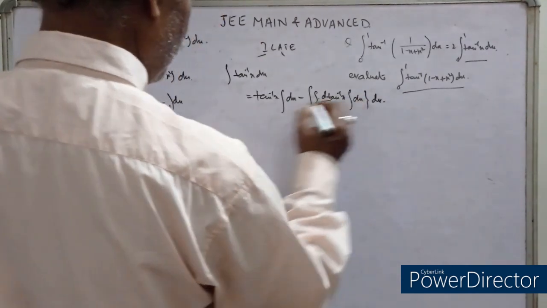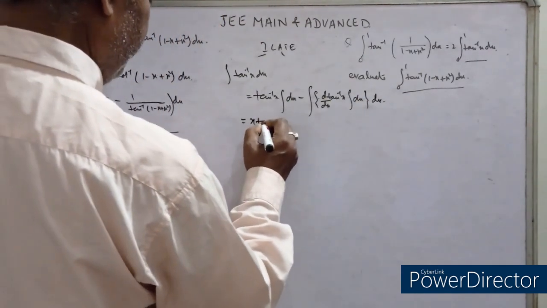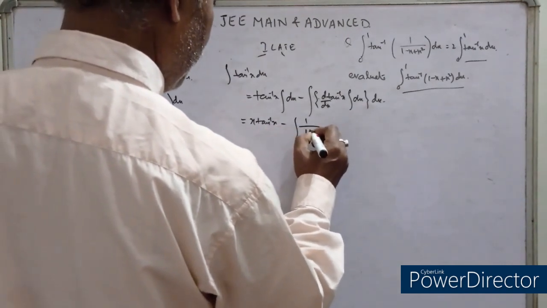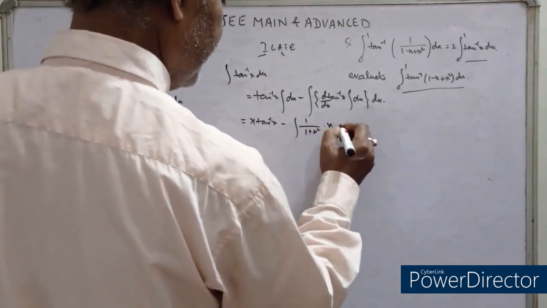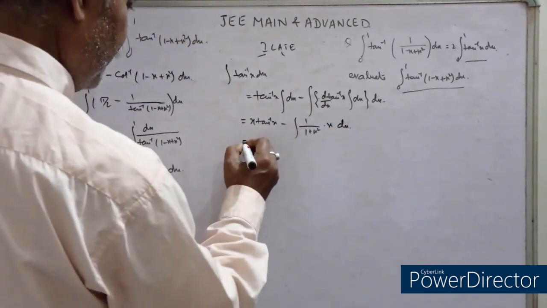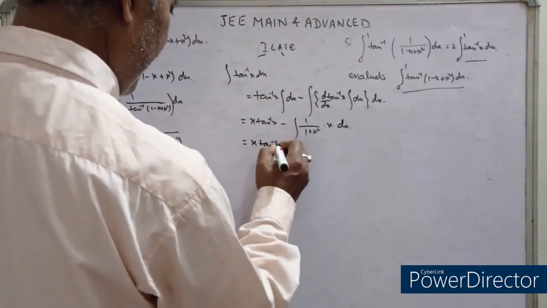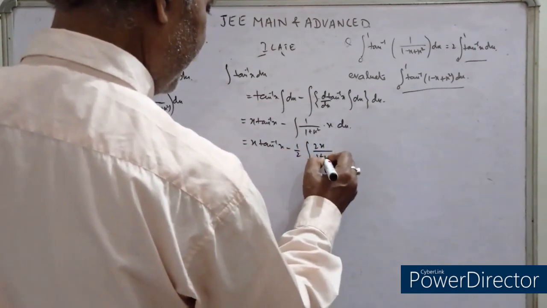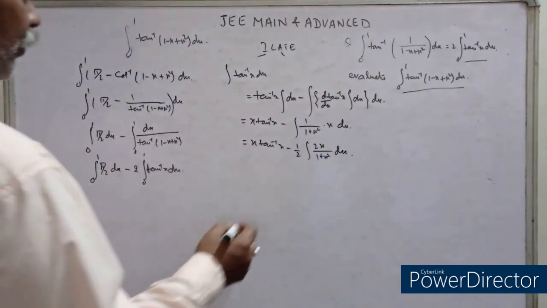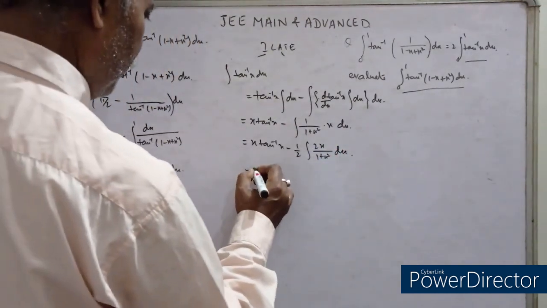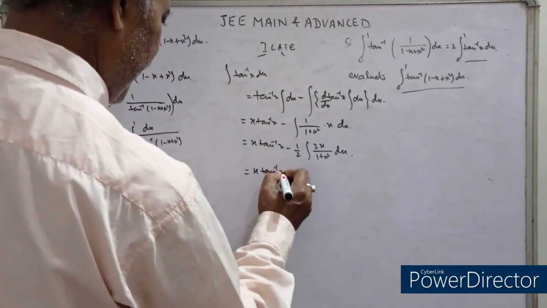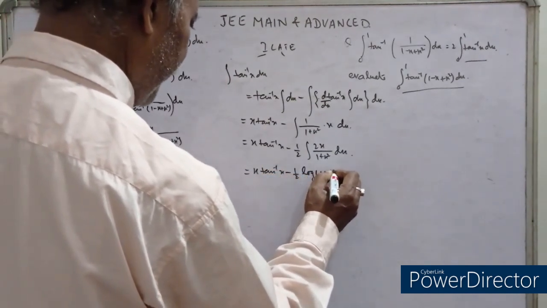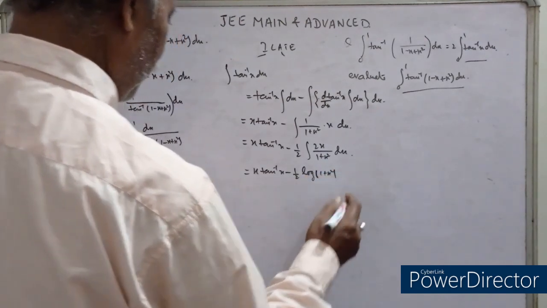So this is x tan inverse x minus integral of 1 by (1 plus x square) into x dx, which is x tan inverse x minus 1 by 2 integral of 2x by (1 plus x square) dx, and this will be a log. So this equals x tan inverse x minus 1 by 2 log of (1 plus x square). This is the value.